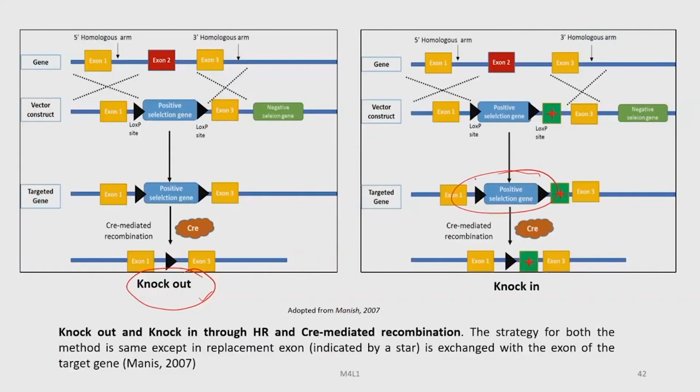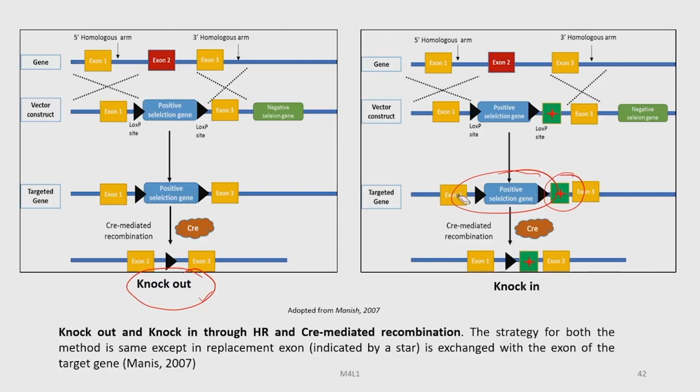In both the knockout and knock-in, this happens in 2 stages, where first the positive selection gene is included in the targeted site in the knockout case as well as in the knock-in case, but in the knock-in case, along with the positive selection gene, a desired gene is also included, which lies beyond the LOXP site, as you can see over here.